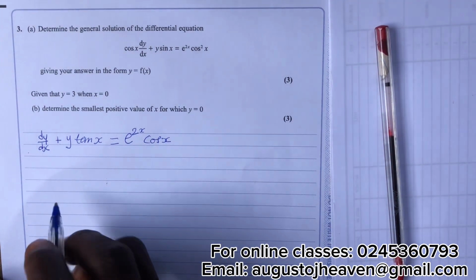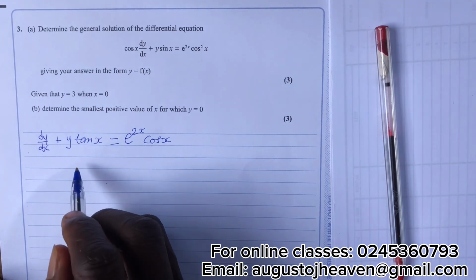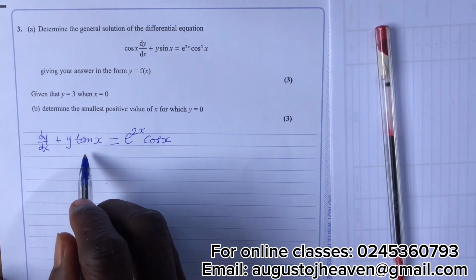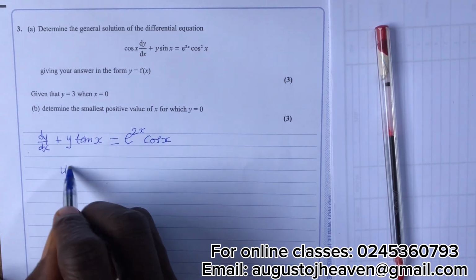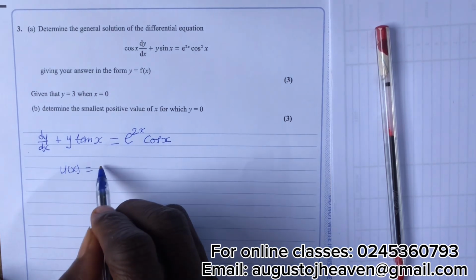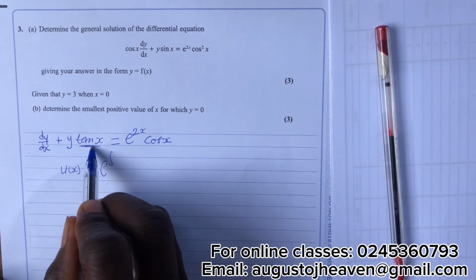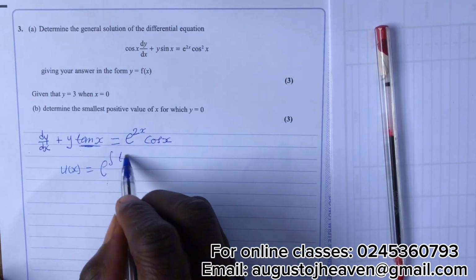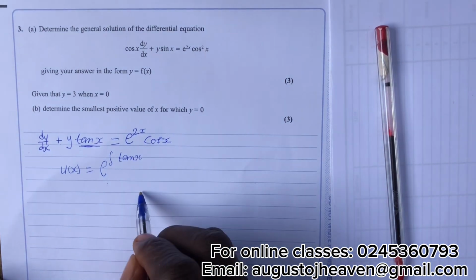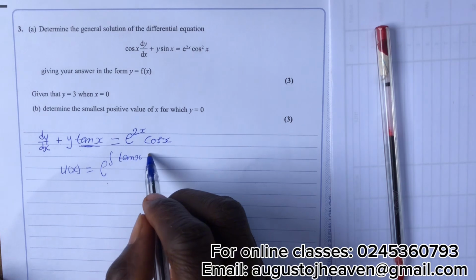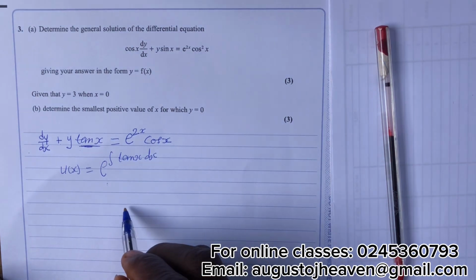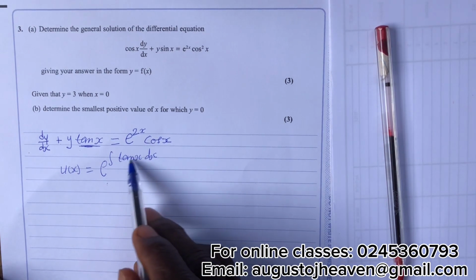Wow. So now we find the integral factor. Say u of x equals e power the integral of, this is our p of x, so we take tangent of x in a very simple way, dx. Now for this integral, you can use u substitution.